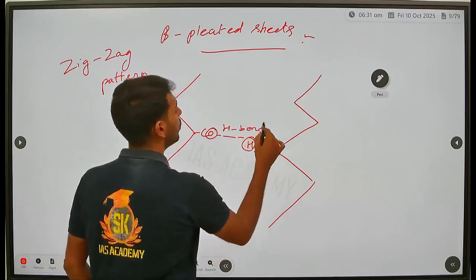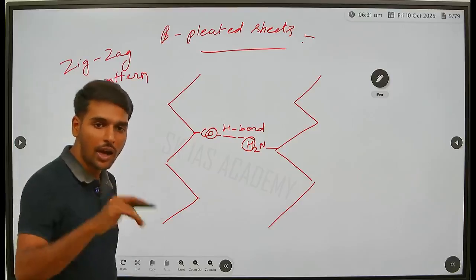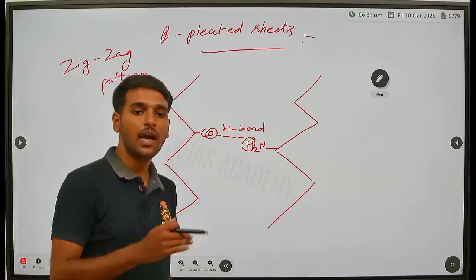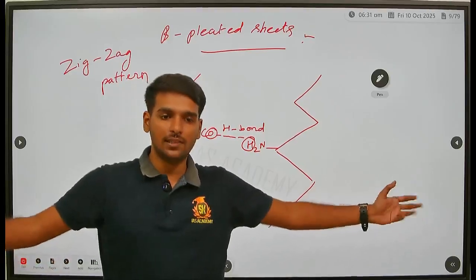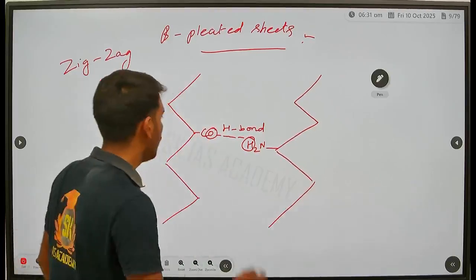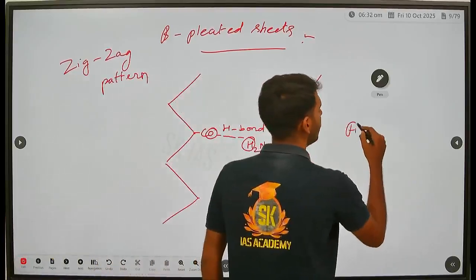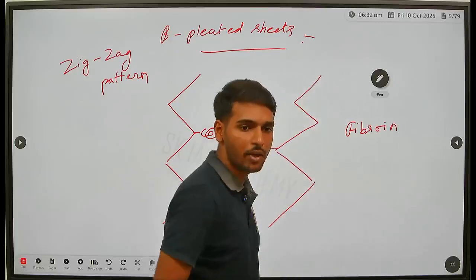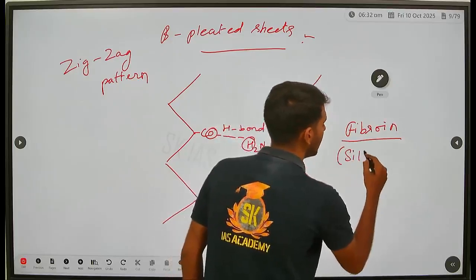So for beta pleated sheets also, what is responsible? Hydrogen bonding only. The only difference here is that the hydrogen bond occurs between two opposite strands. So what is the example, sir? The example to note here is the protein called fibroin, which is seen in silk.